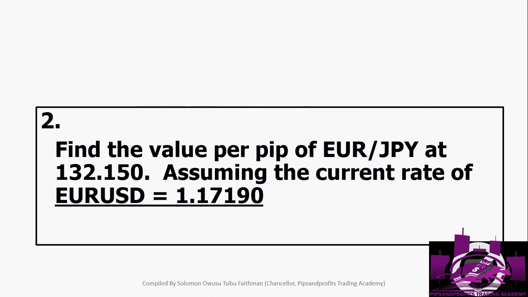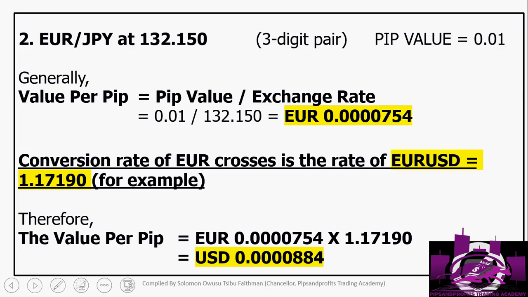I have gotten 2 answers, and the 2 answers are similar. So let's see what the answer is. Your answers are very similar to mine. Let's see what you did. We were given Euro JPY at this particular price point.